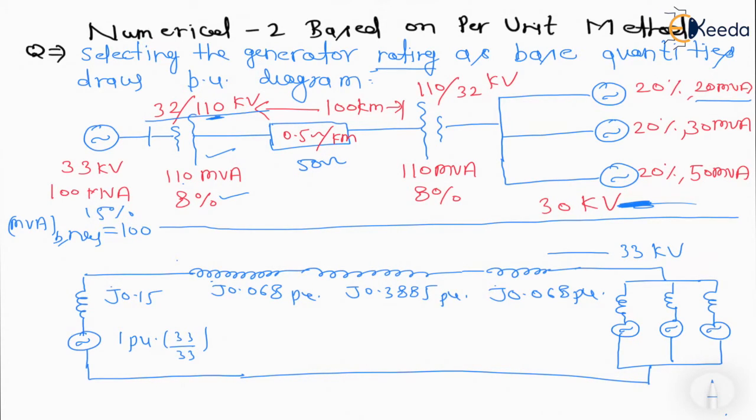For the second motor it is J 0.55. For the third motor it is J 0.3305. Now the per unit value of the voltage of the motors will be 30 upon 33, since 30 is the operating point and the new voltage is 33, for all three motors. So here it is all about this question. Thank you.